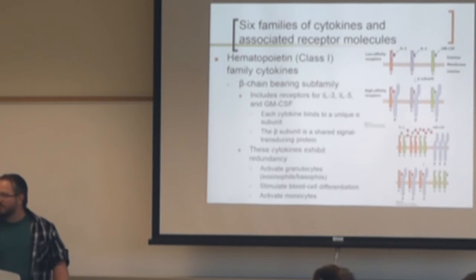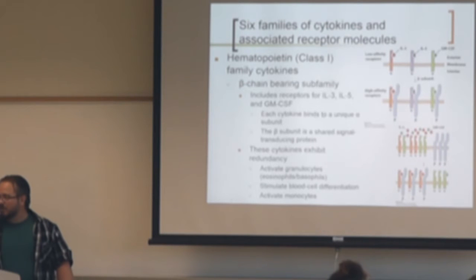And then here's a different example, for example, receptors for IL-3, IL-5, GM-CSF. They all have their unique alpha that will bind, but then they share a common beta. In that way, they have similar signaling events, but there's this redundancy because you have the same beta, different alphas.